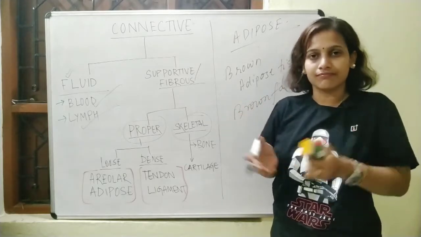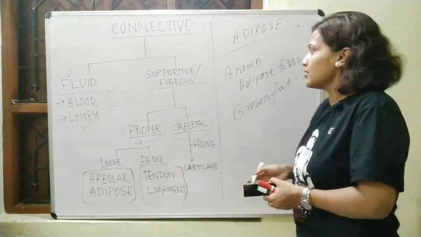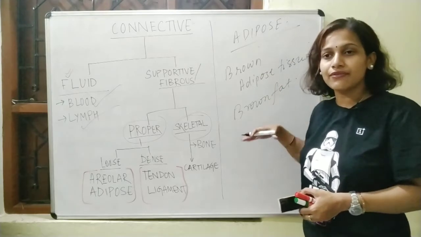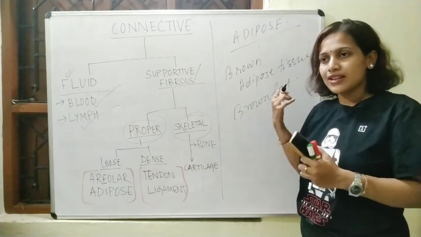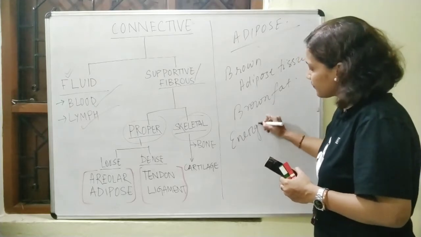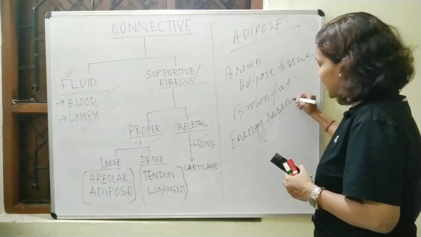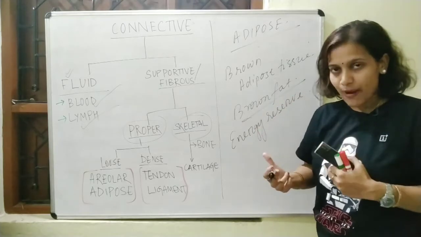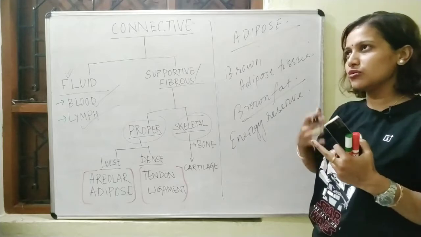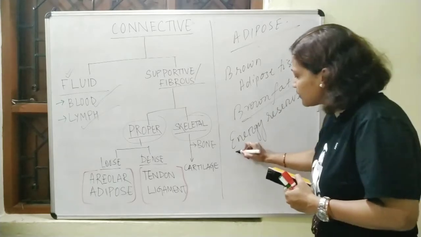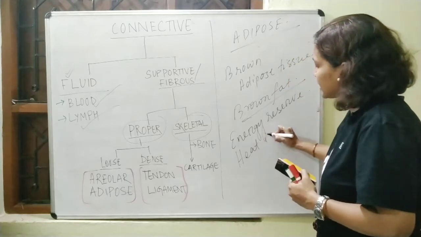Let me not elaborate. That is because of the presence of the brown fat in many places. What is the function? It acts as an energy reserve, meaning at the time of need it can be utilized to convert into metabolic requirements, which helps it meet the nutritional demands, and along with it, it provides heat insulation.